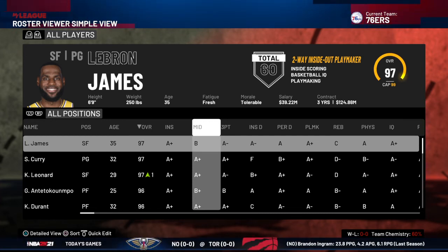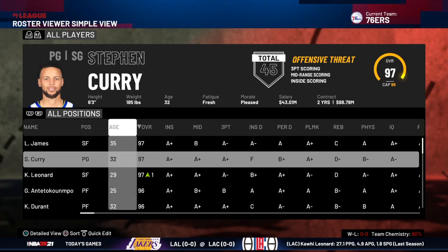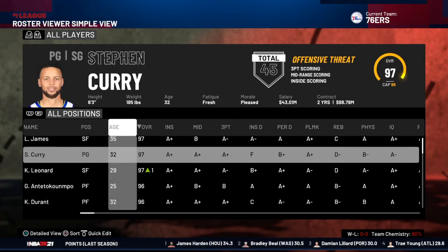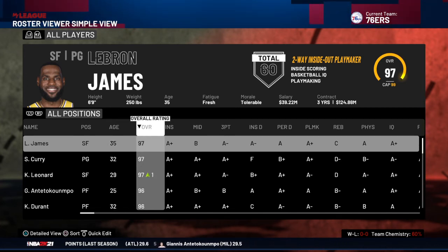I feel like that's where 2K wants a lot of their players to be around. The reason I say that is because even with these top players, as you progress throughout your MyLeague, their badges will dwindle down toward that 35, 36 by the end of these players' careers.